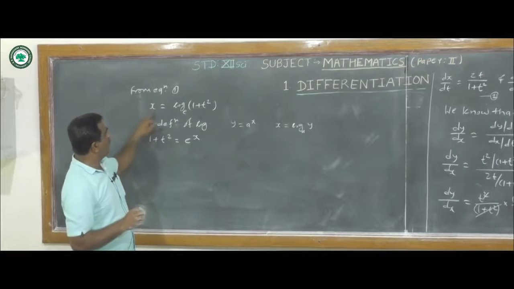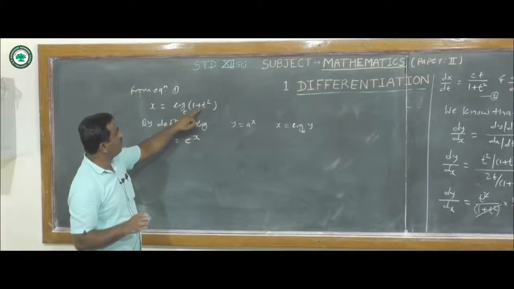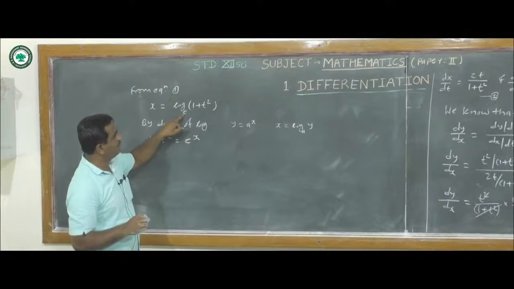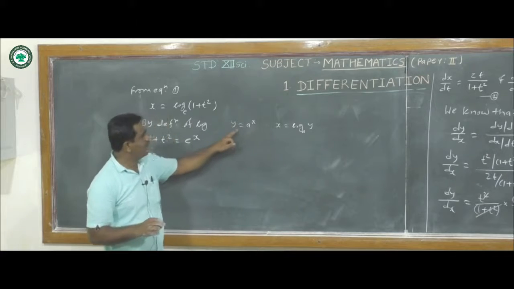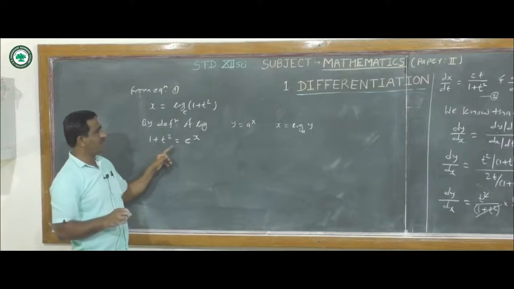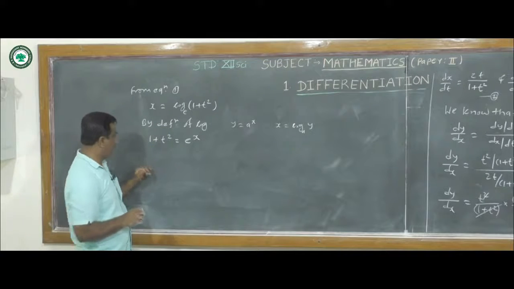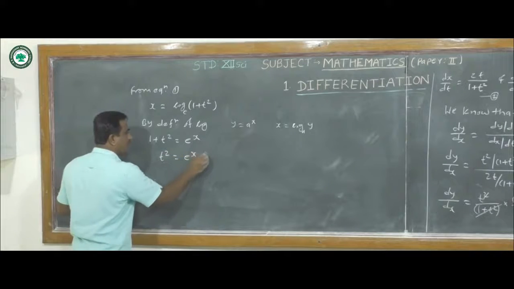Now here we have x is equal to log of (1 plus t square) to the base e. From this equation we can write 1 plus t square is equal to e raised to x. Now further, t square is equal to e raised to x minus 1.